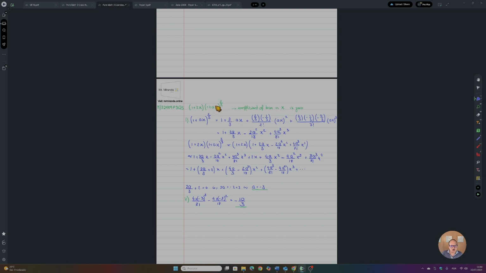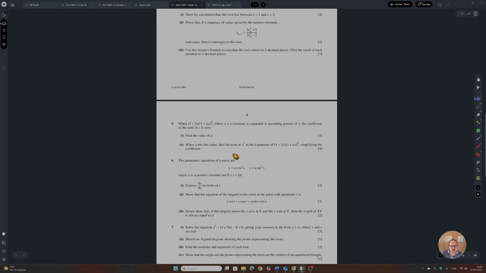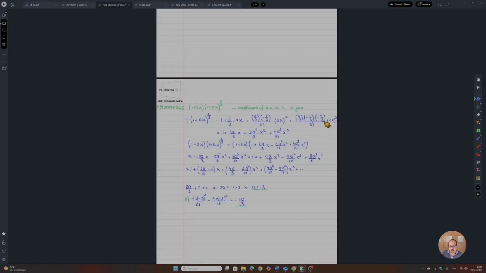Because this is going to be multiplied by that, and the only way that you are going to get, as a result of this multiplication, terms with x is when this one multiplies with a term in x in this expansion, and when this 2x multiplies by the 1 in this expansion. So all I needed was to just expand the first 2 terms, and I would get my result. But the second question asks me something about the term with x cubed. So I took the first question just to expand the whole thing until the term with x cubed, because I'm going to use this later on, and it helps me out on the second question.